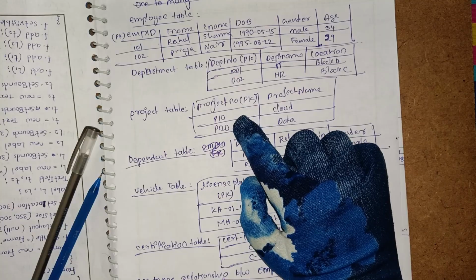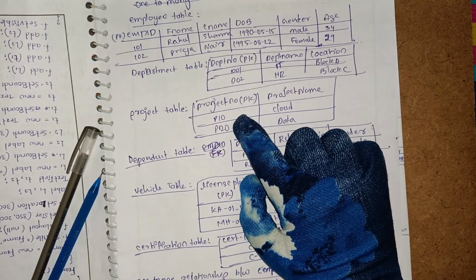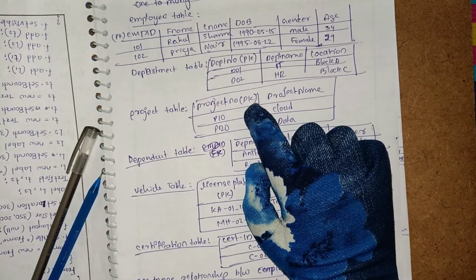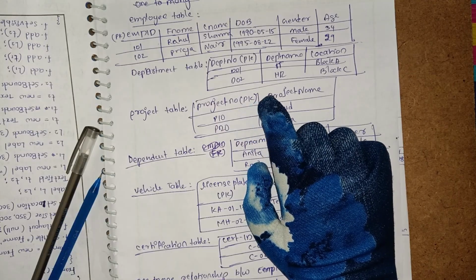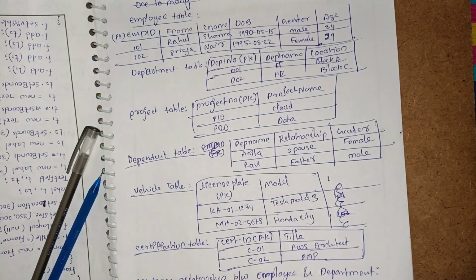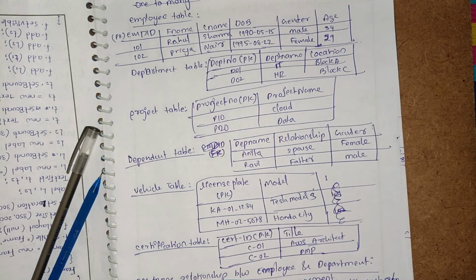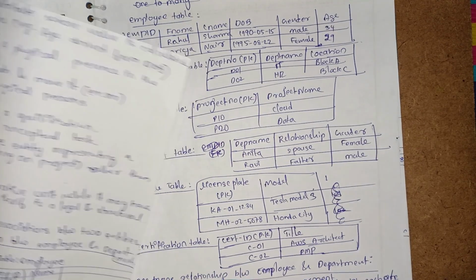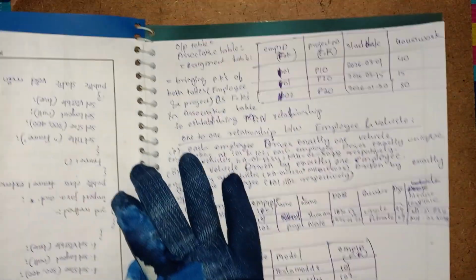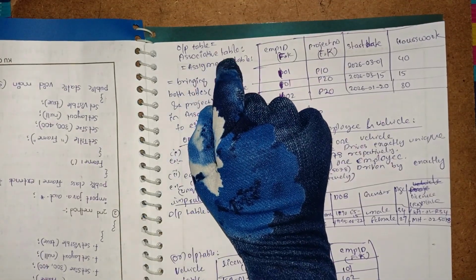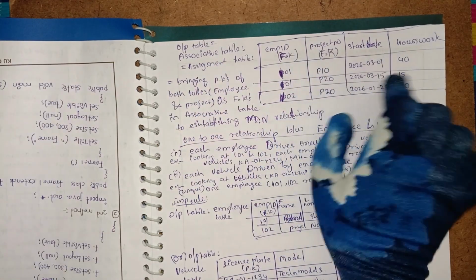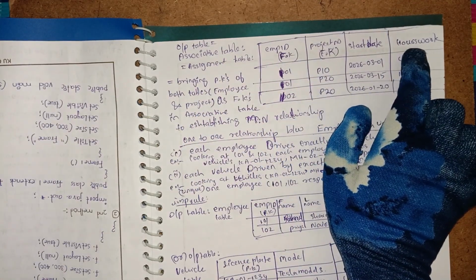That's why we are not establishing a relationship directly in the two main tables. So we are using an associative table, which holds the relationship and also its own attributes.